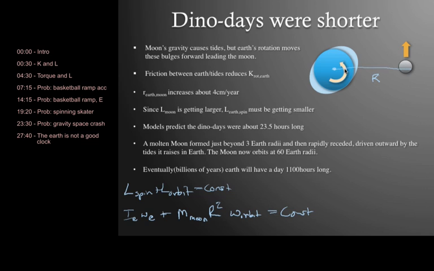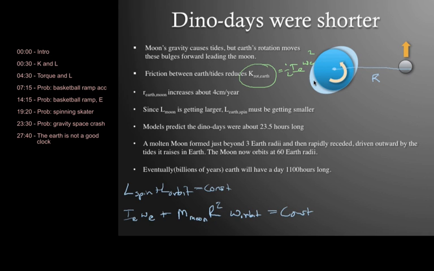So now let's consider the effects that are going on. The moon causes the tides on the Earth, and these tides are pushed by the rotation of the Earth a little bit ahead. And this is because of the friction here. And this friction ends up reducing the rotational kinetic energy, which is equal to 1/2 I of the Earth, omega of the Earth squared.